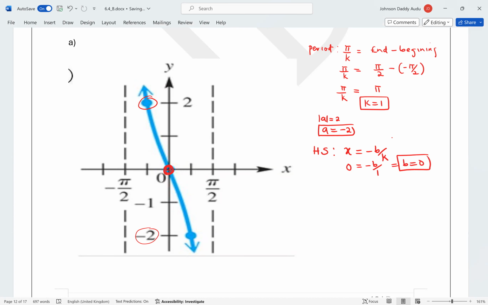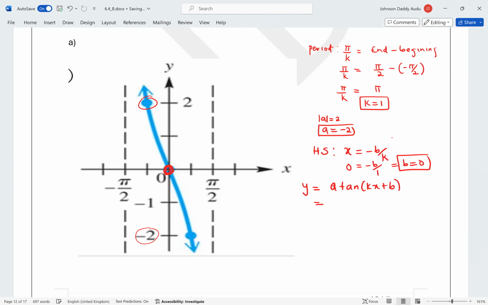And clearly you can see there is no horizontal, there is no vertical shift. So this graph, we can write it as a tan of kx plus b. Now, what is a?